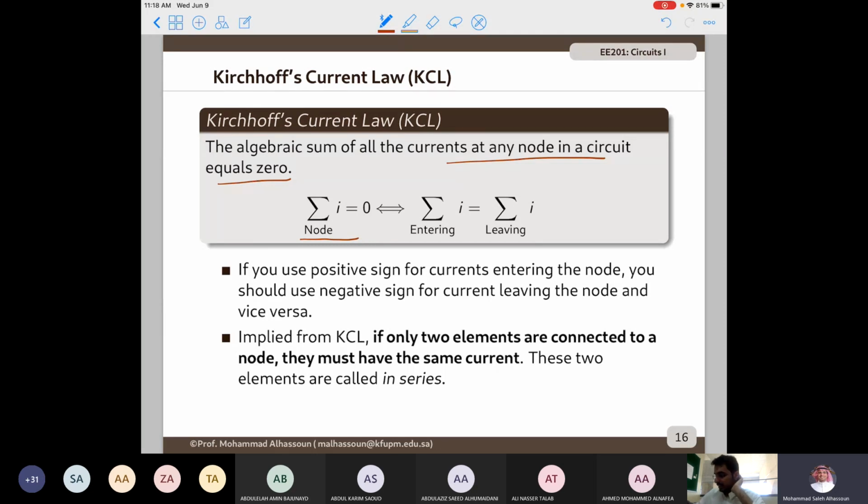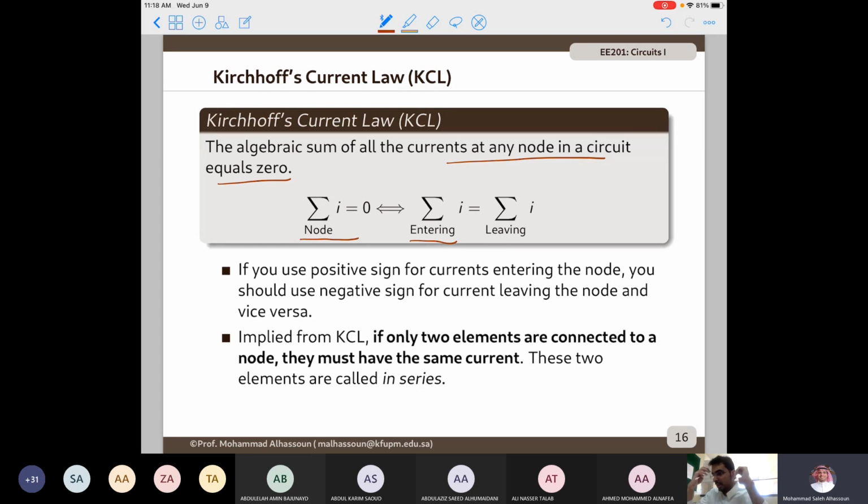This implies that you have as many currents entering the node as leaving the node. If 20 ampere of current is entering the node, then we must have 20 ampere of current leaving that node.